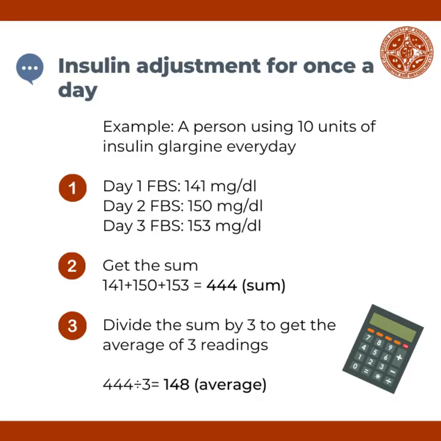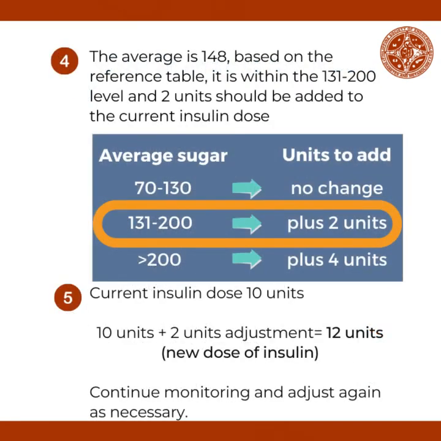And Day 3, 153 milligrams per deciliter. Adding days 1 to 3, 141 plus 150 plus 153, a sum of 444 was obtained. Dividing 444 by 3 days, the average would be 148 milligrams per deciliter.